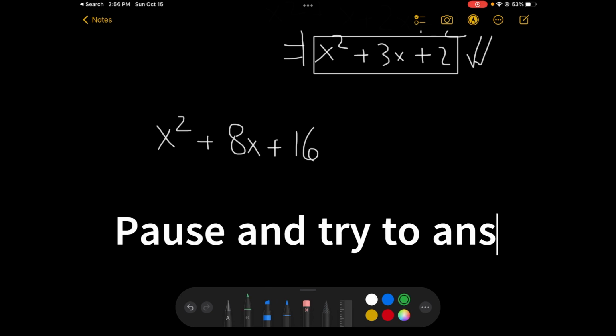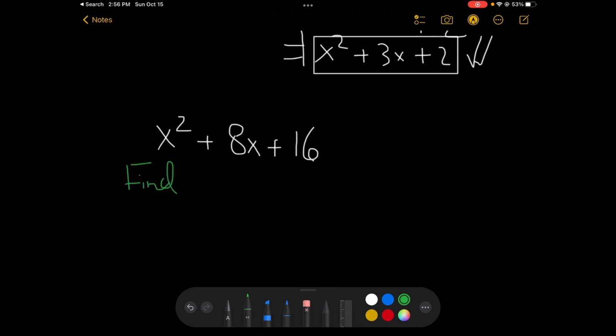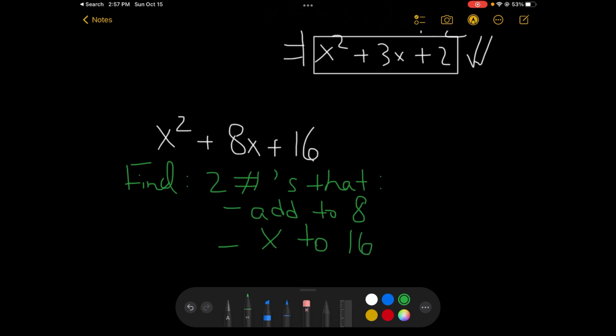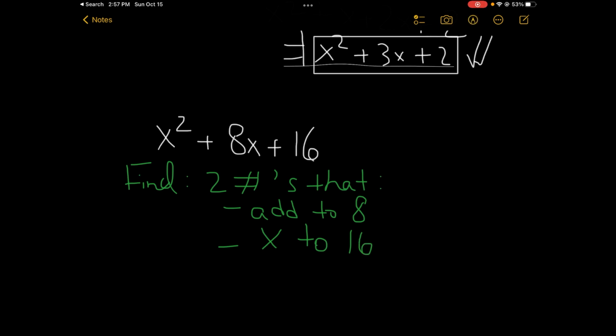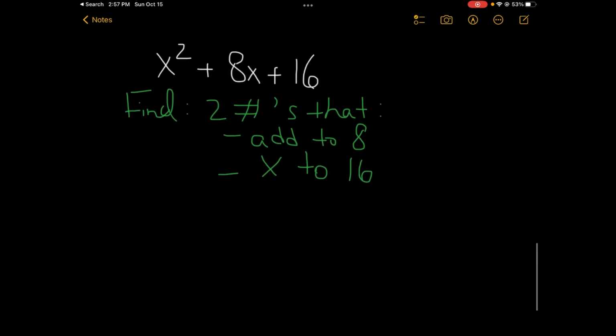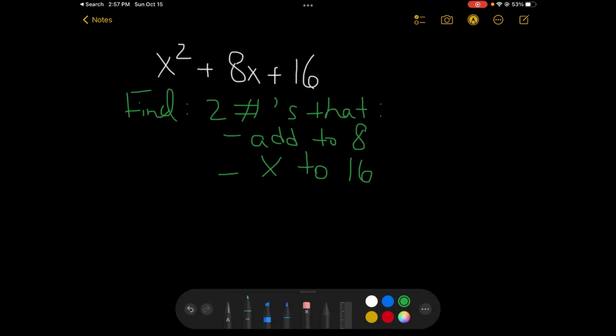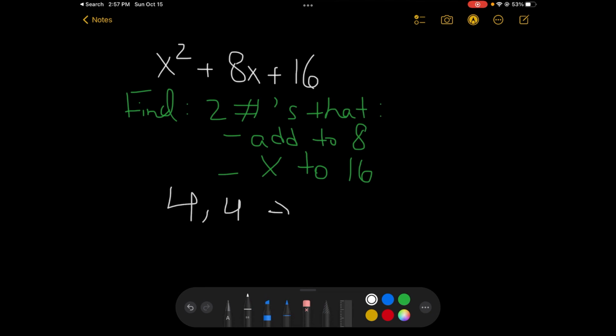So we want to find two numbers that add to 8, which is our b value, and multiply to 16, which is our c value. So what are those two numbers? Well, if you run through the possibilities, you find that 4 and 4 are our numbers.